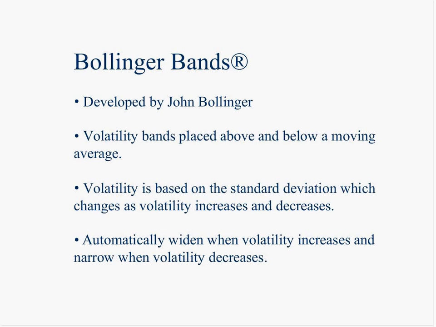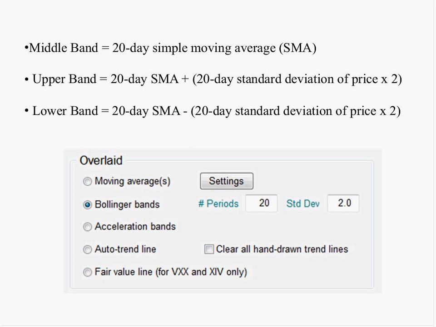They're based upon standard deviation, which changes as volatility increases or decreases. So when volatility goes up, the bands get wider. When volatility goes down, the bands get narrower. That's the general notion of how they work, and then we'll go into signals when price gets too close to a band.